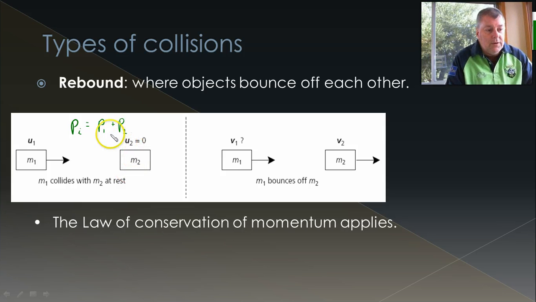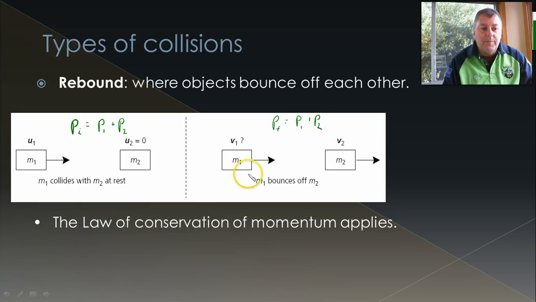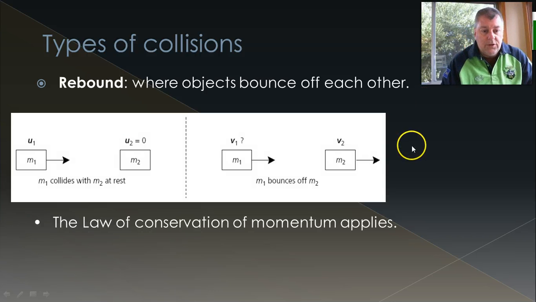In this case 2 is 0, but we do have an initial momentum, and here the final momentum is the momentum of 1 plus the momentum of 2. And so this is conserved. We're not losing any mass, and everything obeys the law of conservation of momentum.